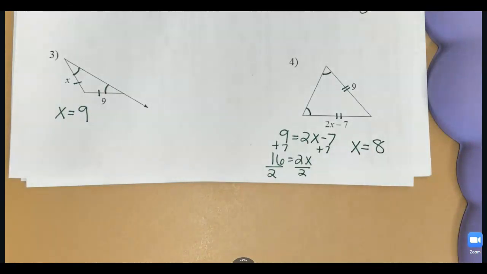So with that, you now have enough knowledge to classify triangles based on their sides and their angles, and you have enough information to use the angle side relationship to solve problems, in addition to using the triangle inequality theorem to determine whether three sides can make up a triangle or not.